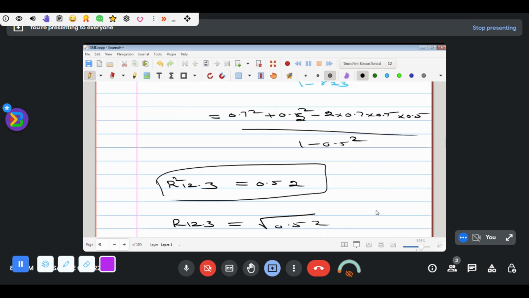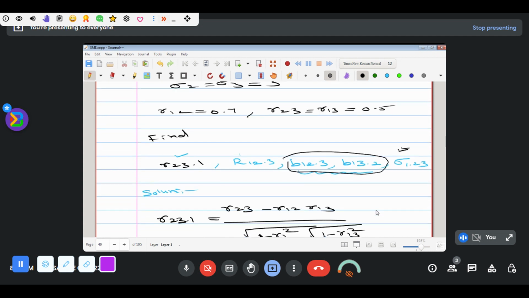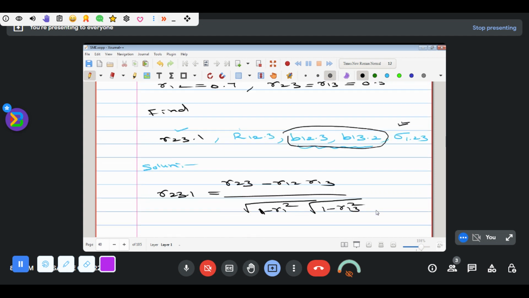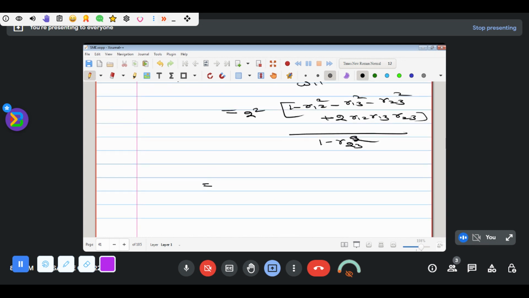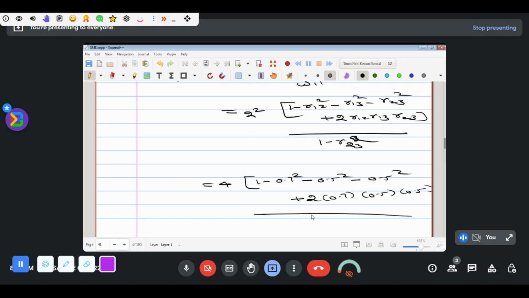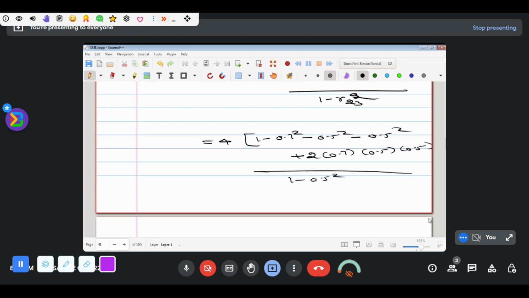All formulas are in hand, and all results are also given. Therefore, apply all results and simplify. Put care and simplify. 2 squared is 4, and all the results you put: 1 minus 0.7 squared minus 0.5 squared minus 0.5 squared plus 2 times 0.7 into 0.5 into 0.5. These three results, divided overall by 1 minus r23 squared, where r23 is 0.5, therefore 0.5 whole squared.